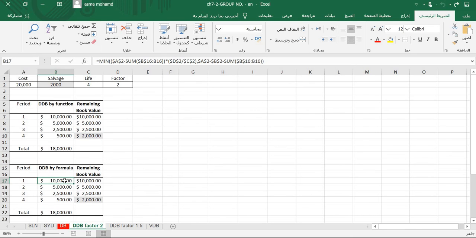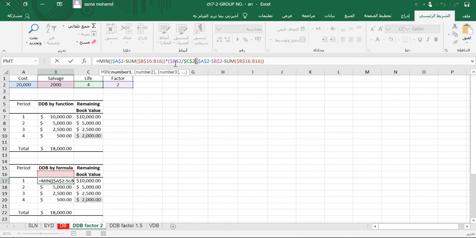We can use a formula for that. The formula is too complicated; the function is just a direct way. The double declining balance calculated with the formula uses the minimum function, and with the minimum we can choose the least between these two numbers, and see here the commas divide the two numbers.